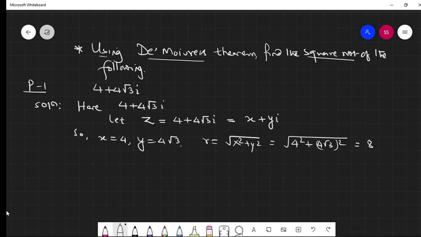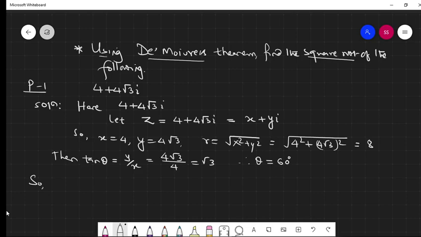So in general polar form, we can express it as z_k equals r times cos of (theta plus k times 360 degrees) plus i sin of (theta plus k times 360 degrees).